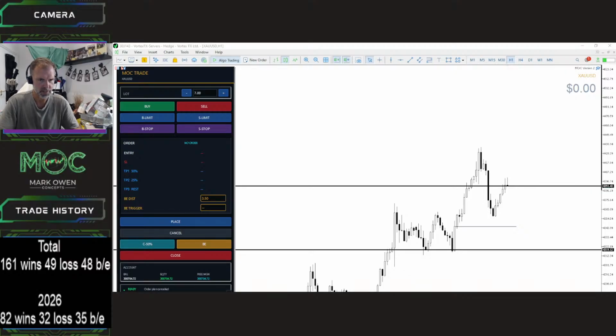Trade at minimum lot size, 0.01, 0.02. You're not going to make money. You just want to see that you can be consistent and understand the process. And when you start to see some results, then you can start to increase the lot size. Like going to the gym, you don't go in and pick up the biggest weights.